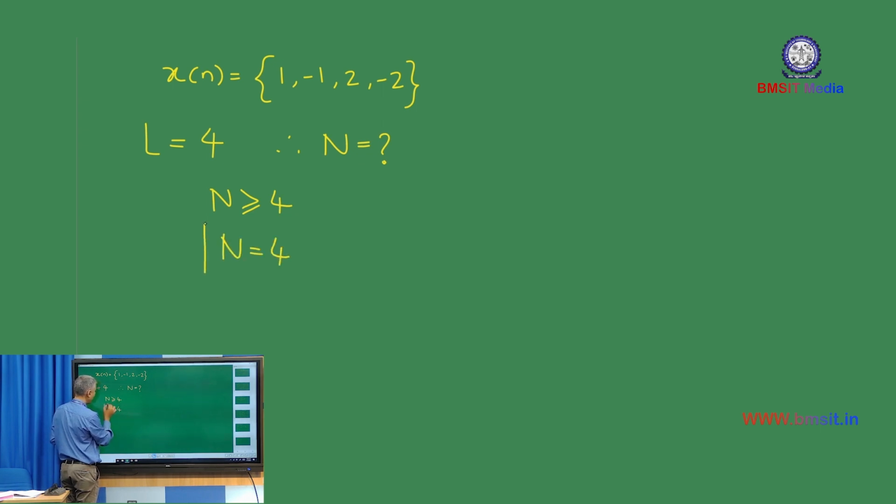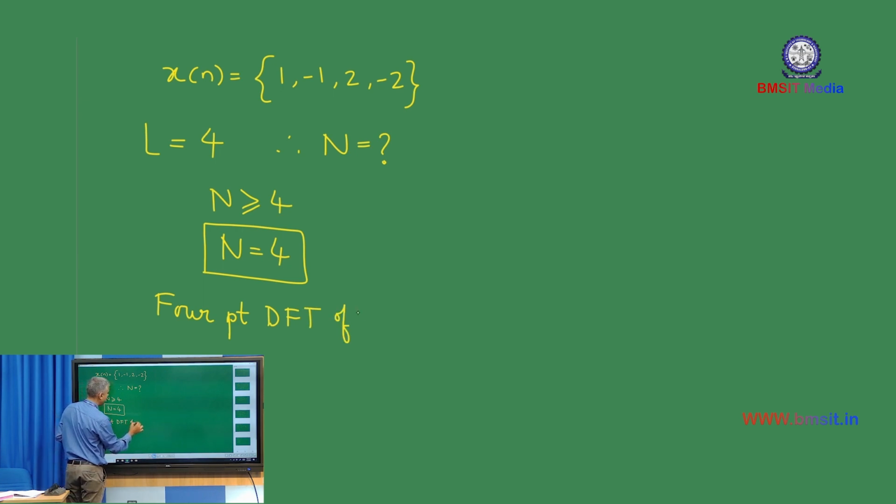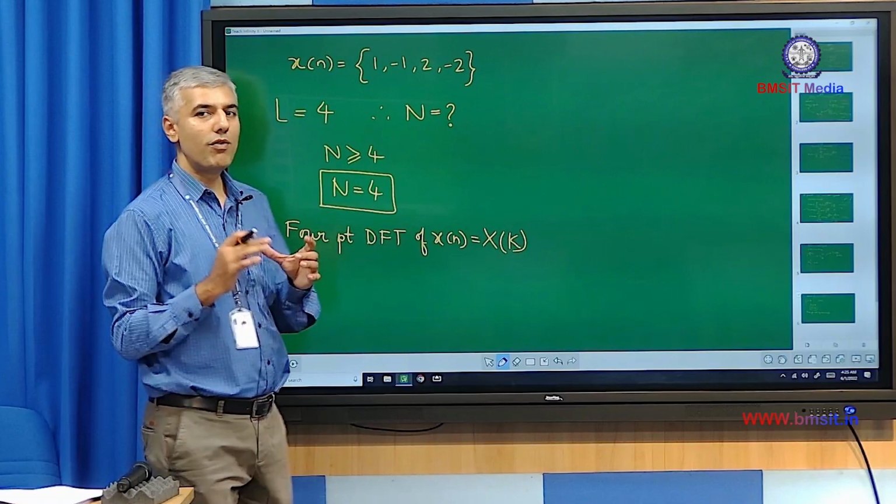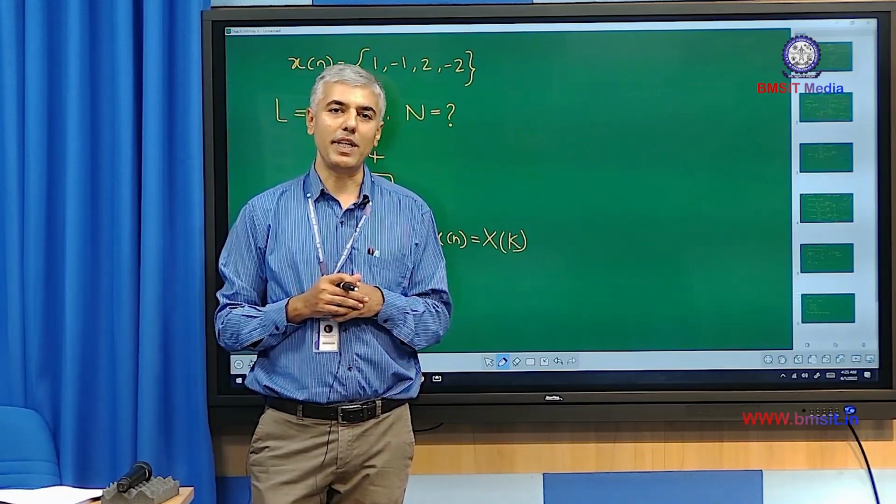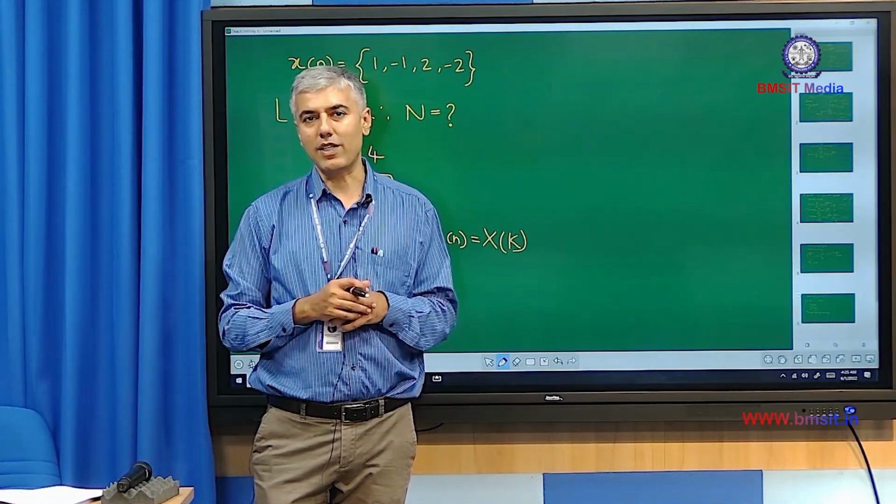Therefore, what we are going to determine further is called the 4-point DFT of x of n. What will that be? That will be x of k. So we will be interested in determining the 4-point DFT of the given signal x of n.